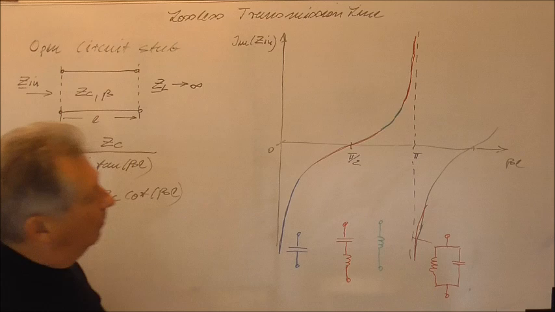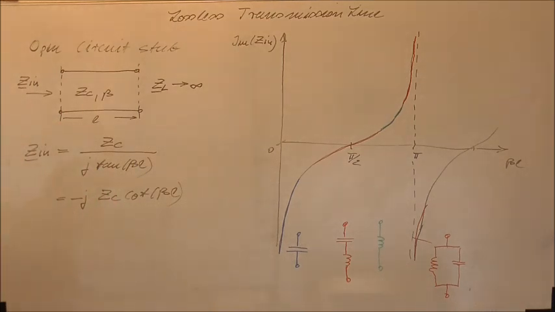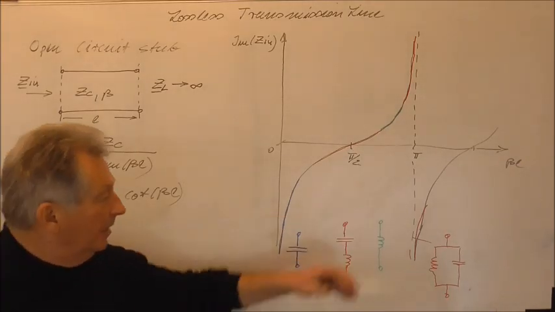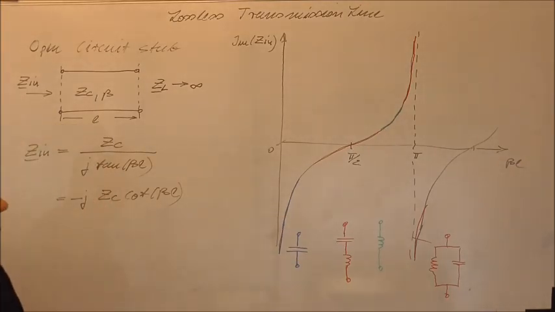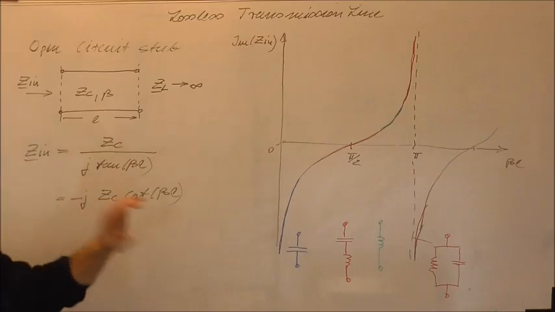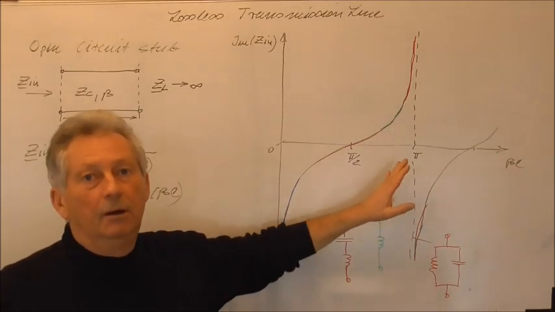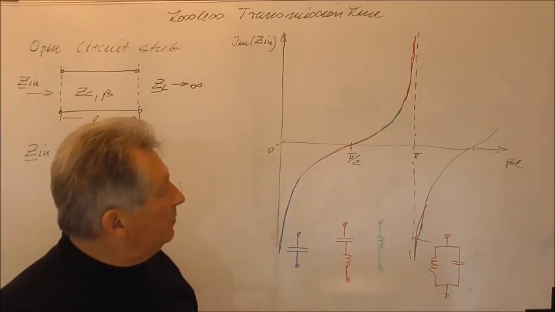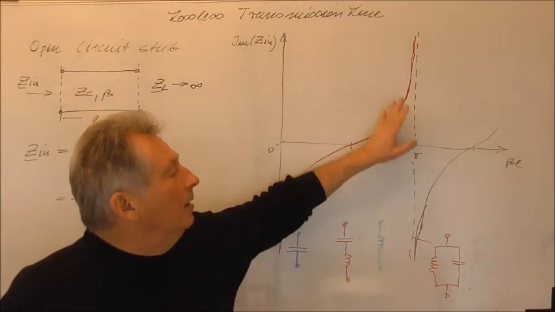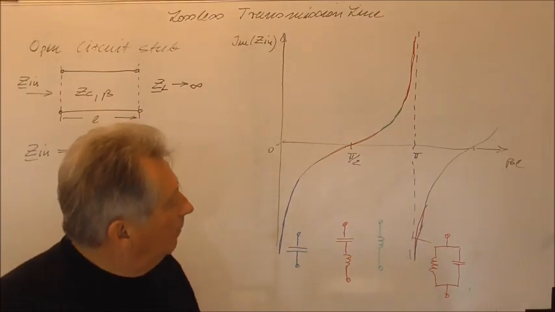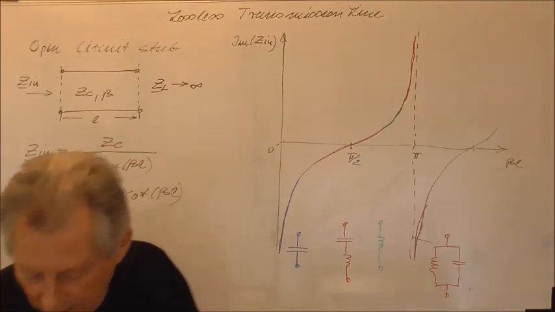So again, also with a short circuit or open circuit stub, we in principle can realize all elements, but as I already told you before, since we have to increase the length, the losses will increase, so the quality factor of these elements will decrease.